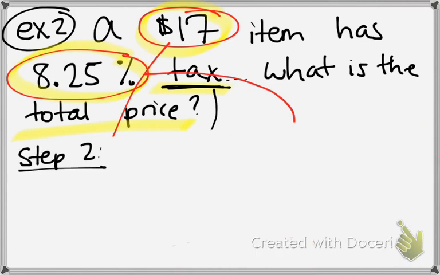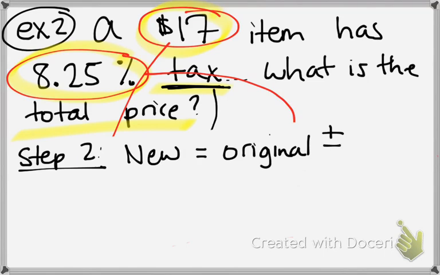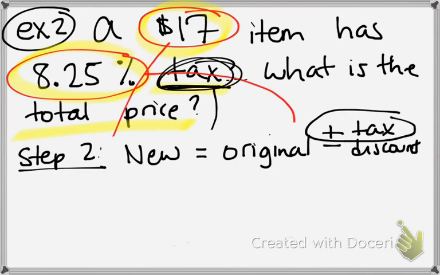So we have one last step. Okay, step 2. The new or the final price is going to be the original plus or minus. So it's plus tax or minus discount. So again here we have tax, so it's going to be plus tax. My original was 17. My tax we said was $1.40.